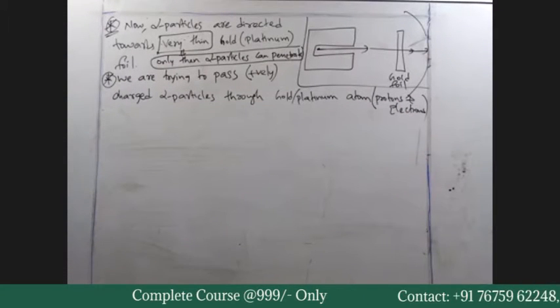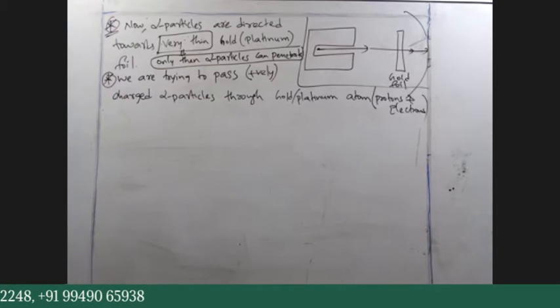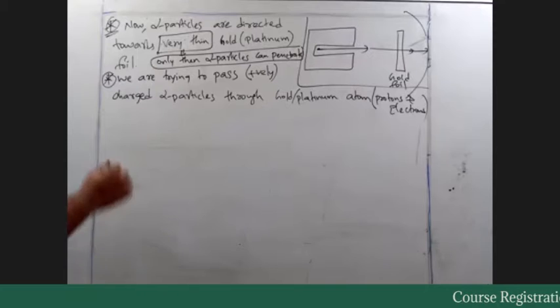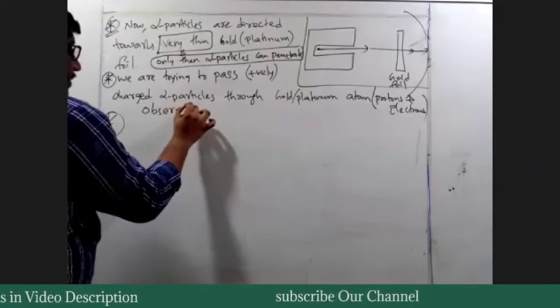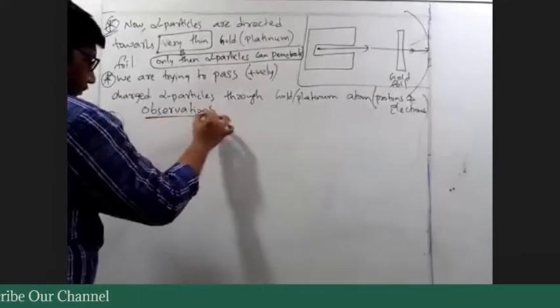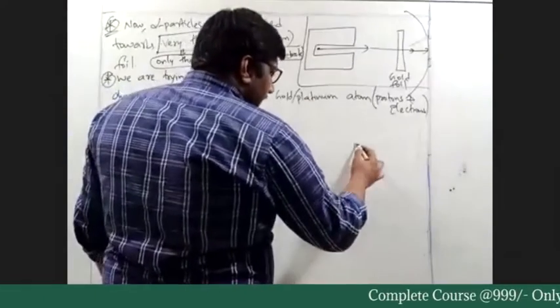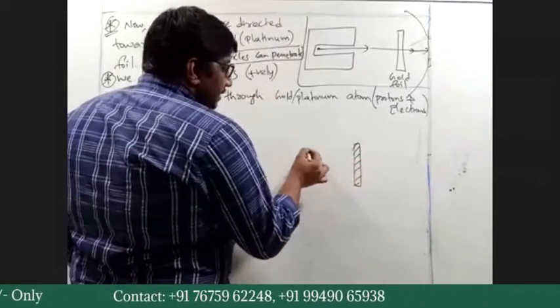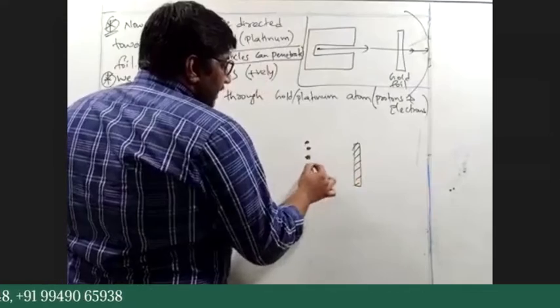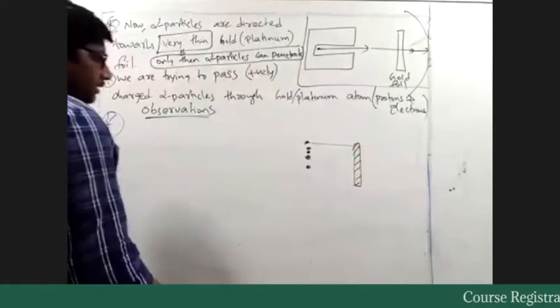Okay, we did that. Now the result section is very interesting. Write down these results. Results are observations. After passing through a thin gold foil, there are many alpha particles that are able to pass through that gold foil.